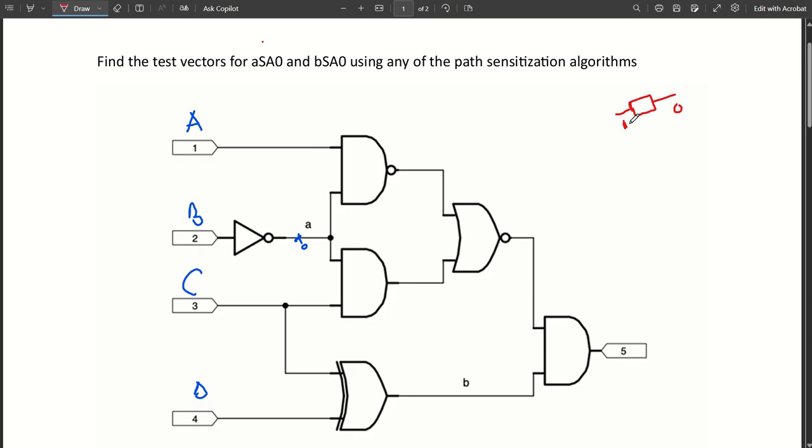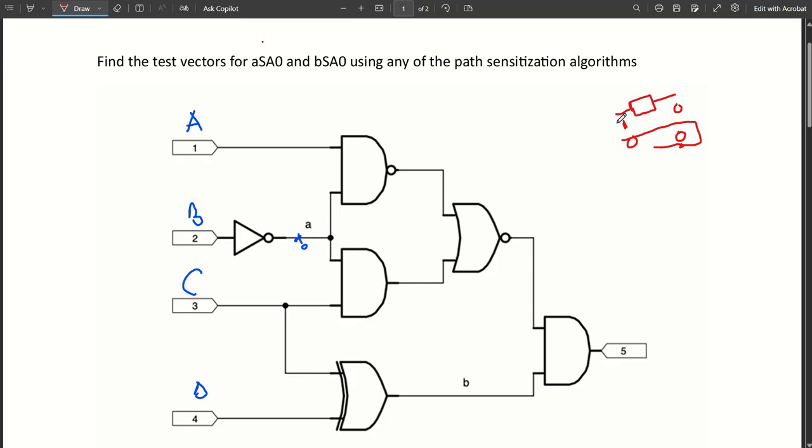Now if you input a 0 and you still get a 0, you realize that the correct thing should have given you 1, but the mistake is that it's giving you a 0.